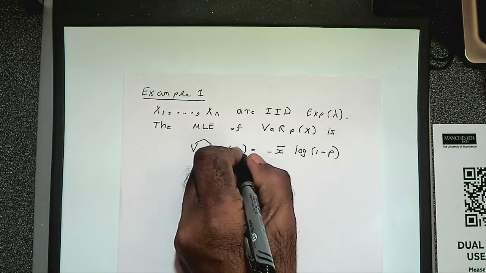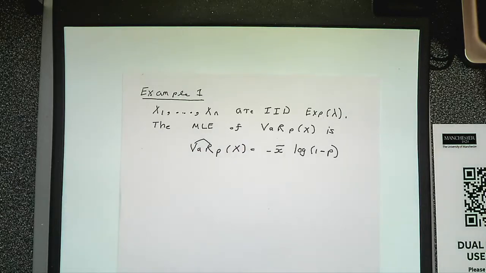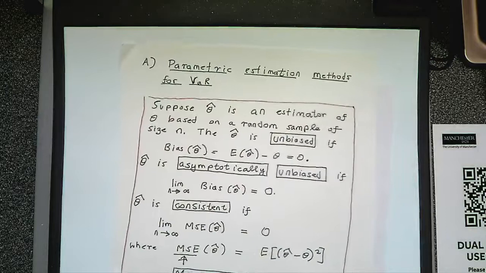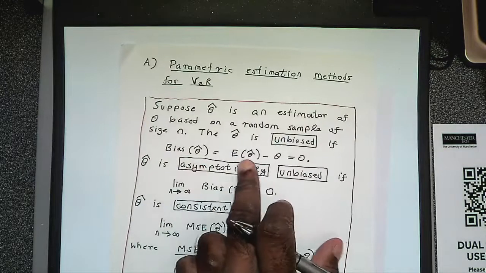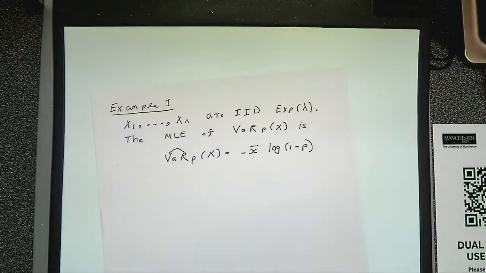To show that something is unbiased, you should look back on the stuff I showed you here. You need to show that the bias, which is defined by this, is equal to 0.